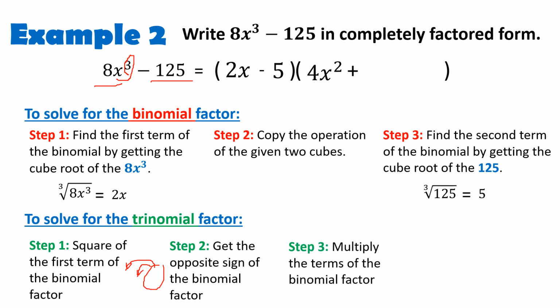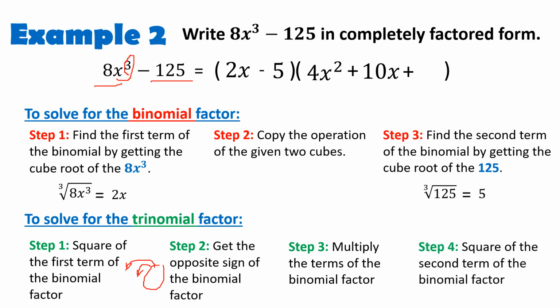Step 3. Multiply the terms of the binomial factor. So you multiply 2x times 5, which is equal to 10x. Write down the operation plus. And then for step 4, square the second term of the binomial factor.